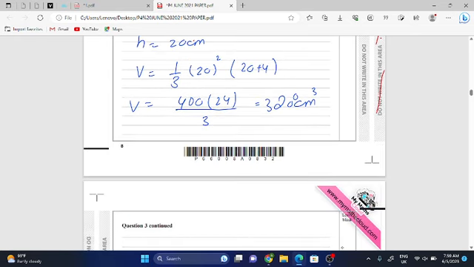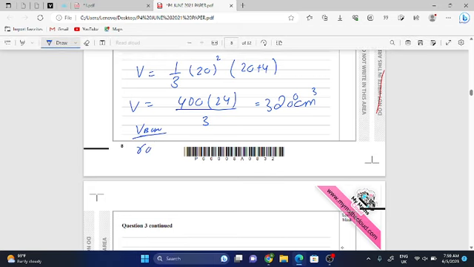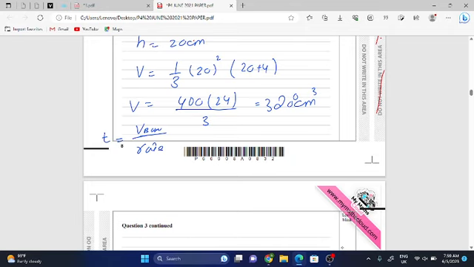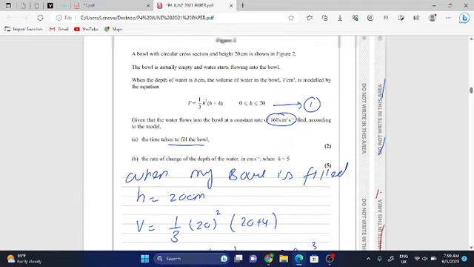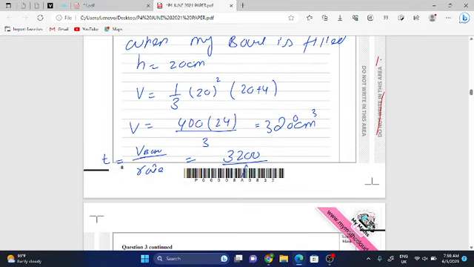So definitely I have to do the volume of this filled bowl dividing by the rate, which gives me the time taken to fill the bowl at the maximum height. So it is 3200 dividing by the rate that is given to me, 160. So 3200 dividing by 160 gives me 20 seconds.